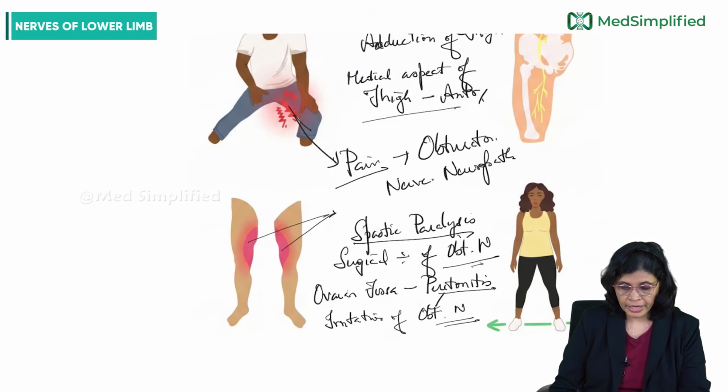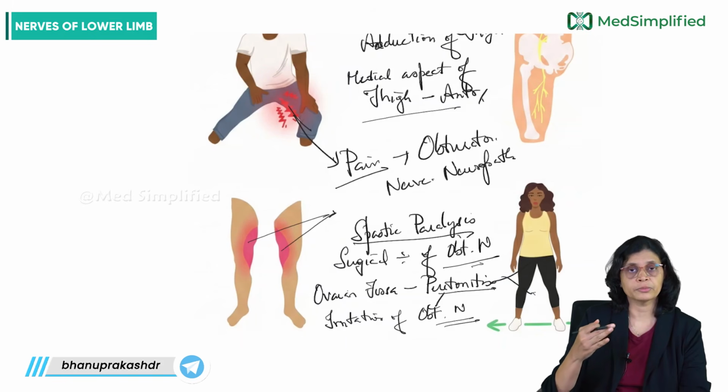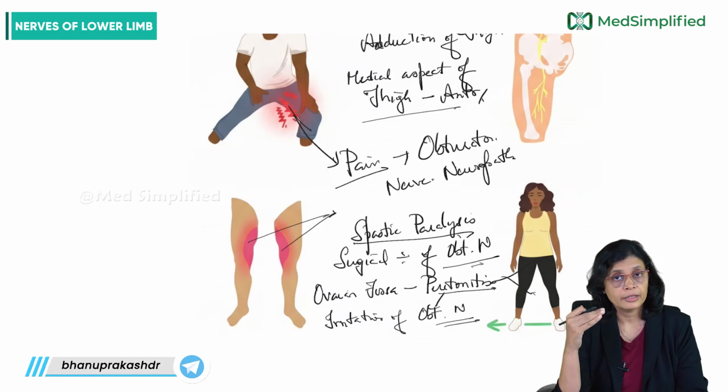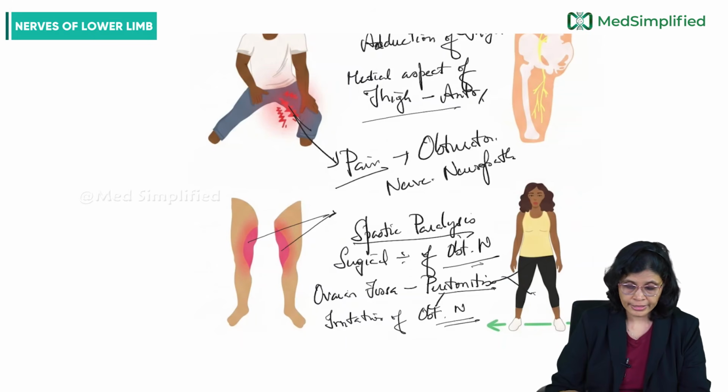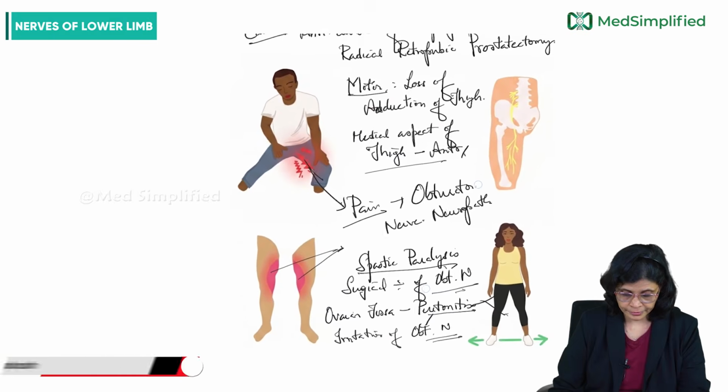So the pain will be referred to the hip as well as the medial side. Pain can be felt at the hip, the knee, as well as along the medial aspect of the thigh. So that is all about the obturator nerve.